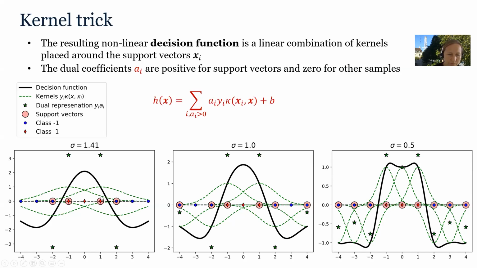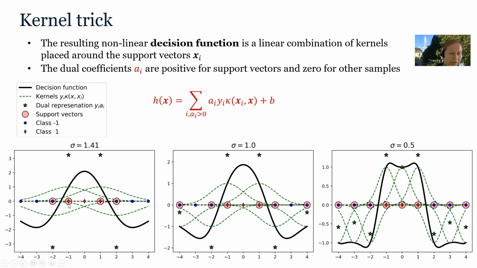Here in this plot, we can see the interpretation of this equation. We have positive samples denoted with red diamonds and negative samples denoted with blue circles. If they are in pink circles, they are support vectors, and the kernels are shown by dashed green lines.